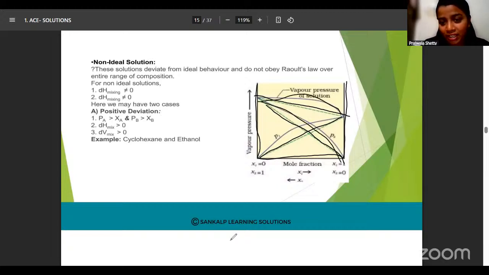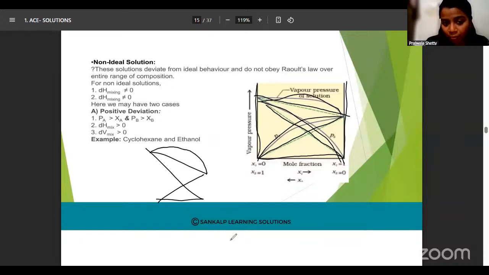It is very simple to draw. Please observe. As it is positive deviation, that deviation will be above this line, like this. This is the positive deviation diagram they'll ask you in your exams.